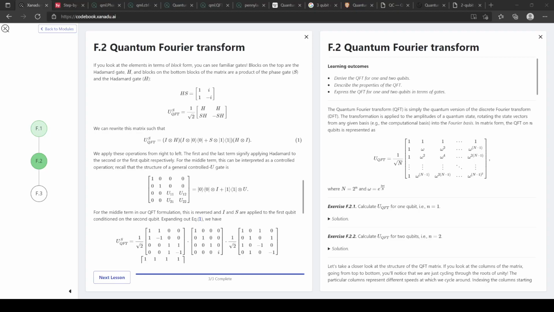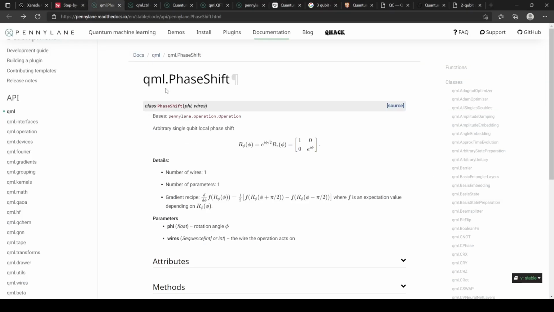We'll take a look at the documentation and see what is going on here, because something has to be going on. See, this is why I'm concerned: in the back end, it's actually implemented as RZ, right?